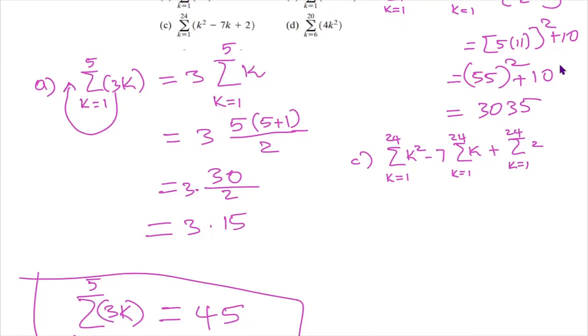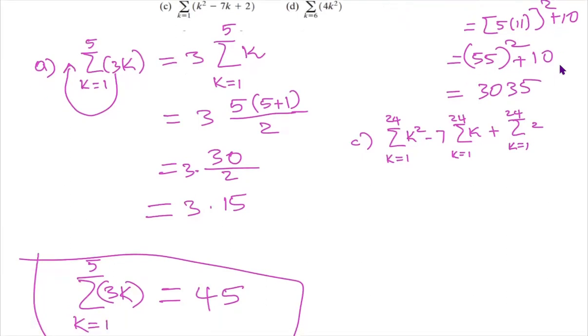The last one is a constant, so it's going to be the constant times n. n is 24, so that's 2 times 24, 48. Let me write it down.